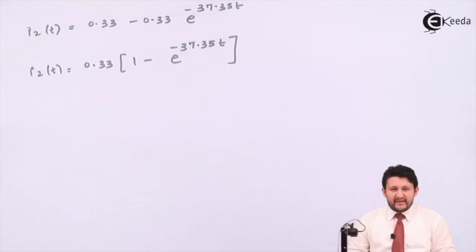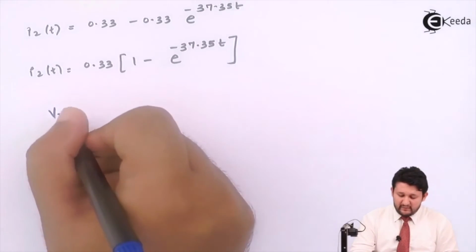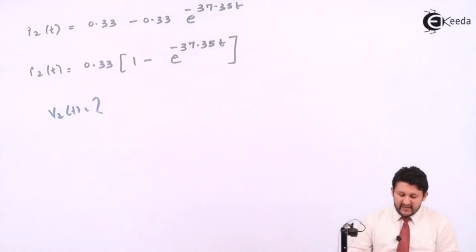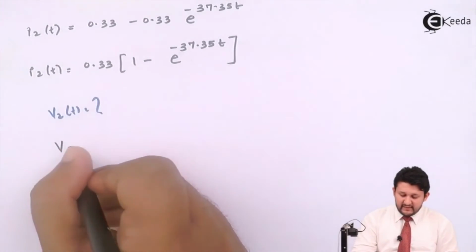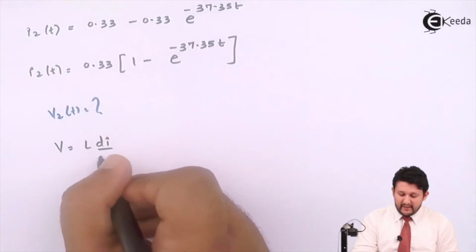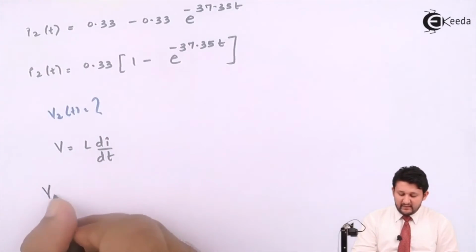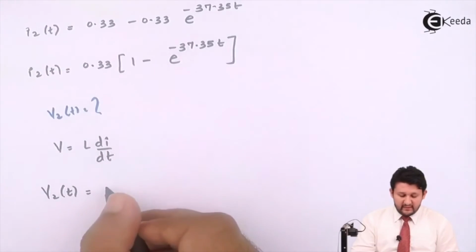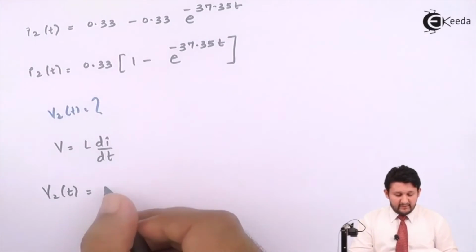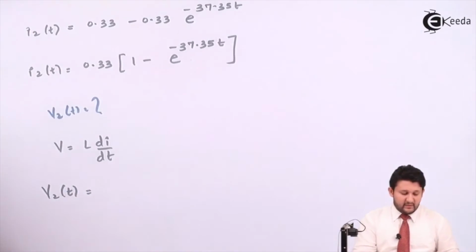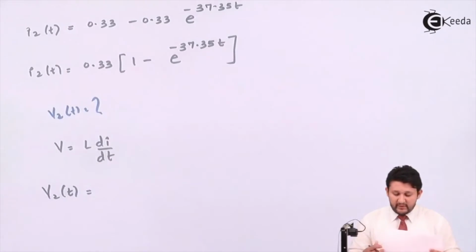So after finding I2 of t, my dear friends, I need to find V2. So for finding V2, we have an inductor. The basic formula for inductor is V is equal to L di upon dt. Let's apply this formula. So V2 of t will be the value of inductor, which is given to us in the question, 0.2 Henry.